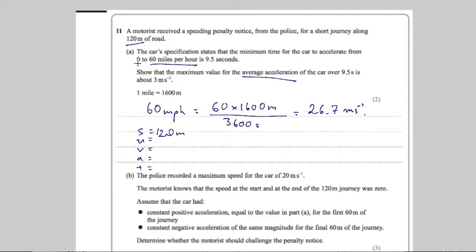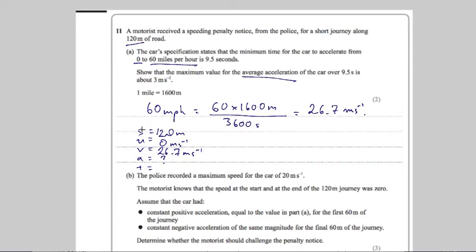And we're accelerating from 0, so U is 0 meters per second, the initial velocity, while the final velocity is 26.7. The acceleration is what we're trying to find, and the time is not mentioned, so we don't care about that. So I'm just going to leave it blank.